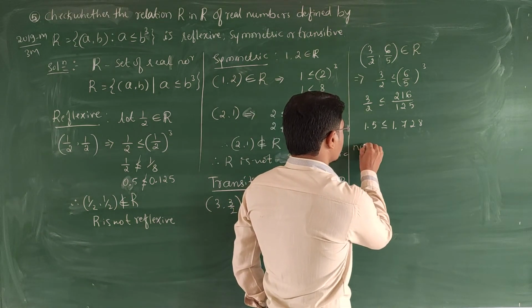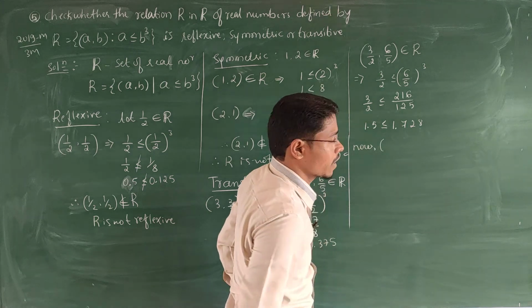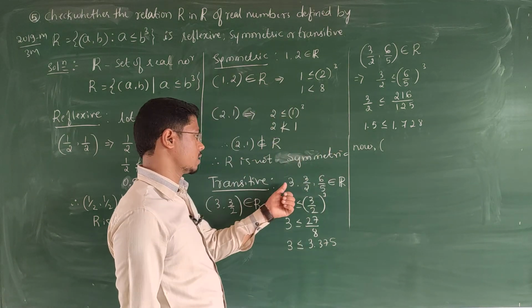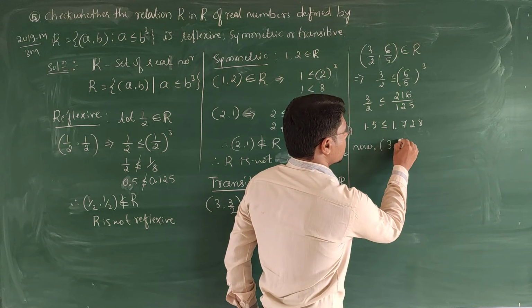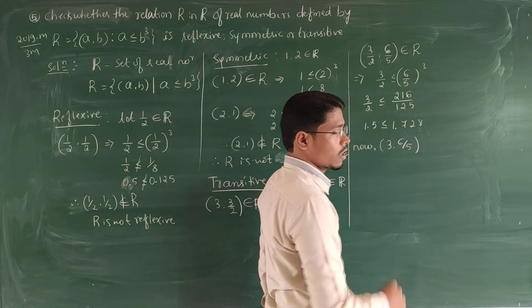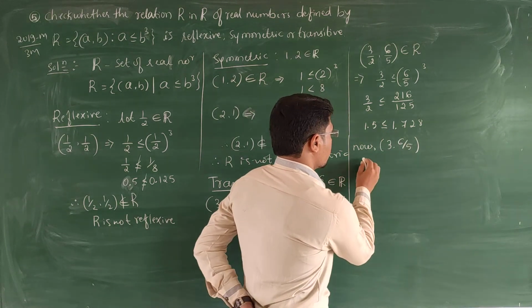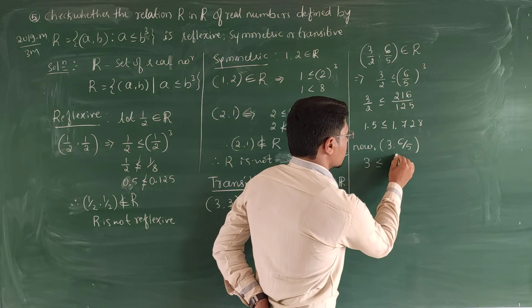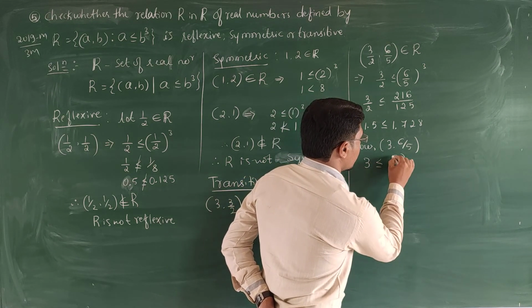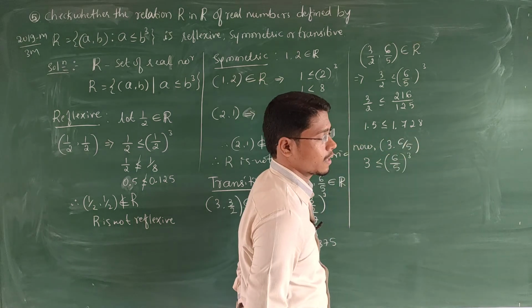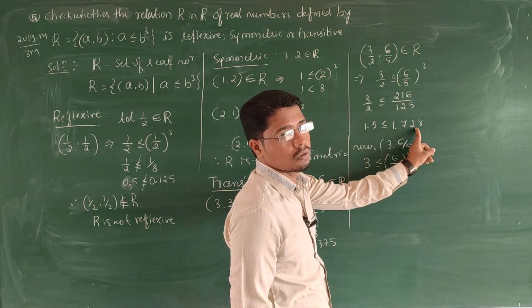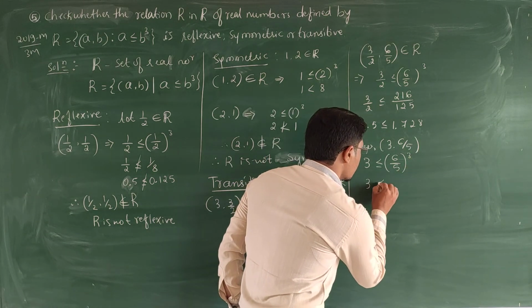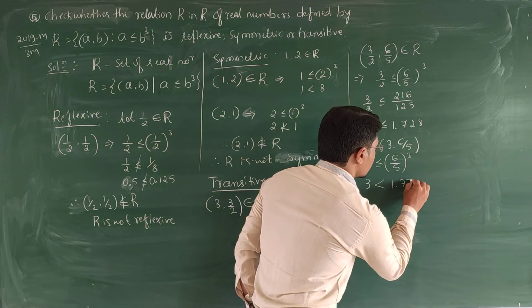Now we have to check the ordered pair of the first and last elements. The first element is 3, the last is 6 by 5. Does 3 comma 6 by 5 belong to R or not? Putting in the relation, 3 is less than or equal to 6 by 5 whole cube, which is 1.728.